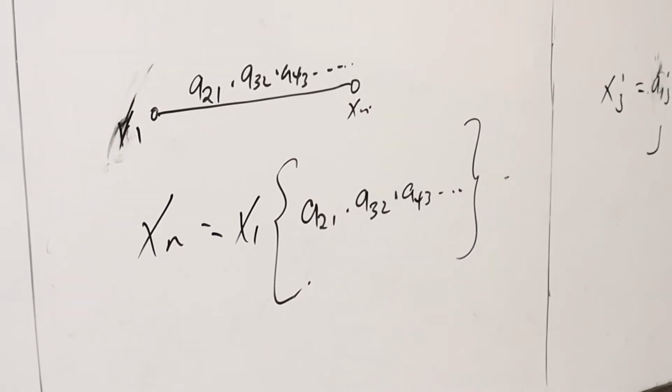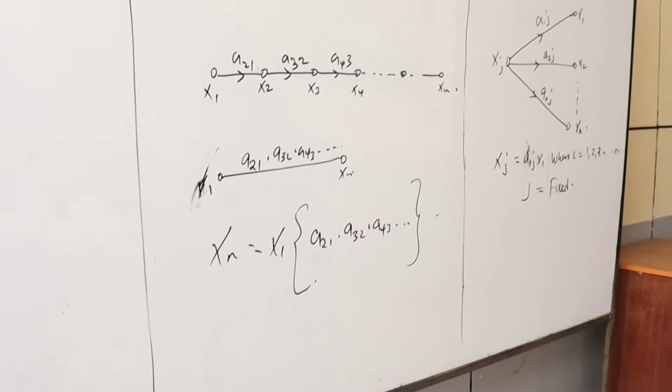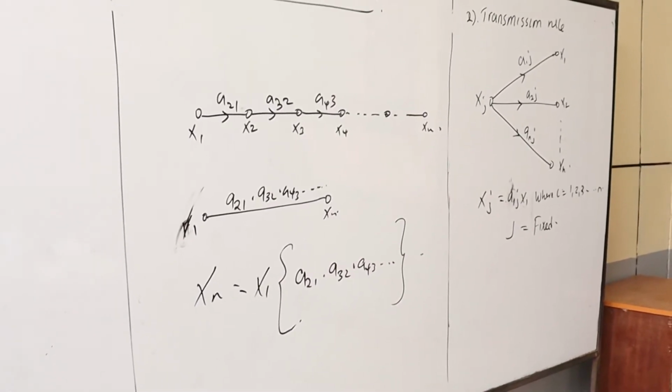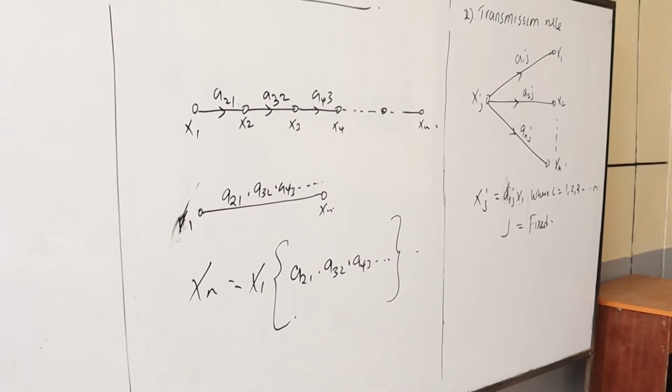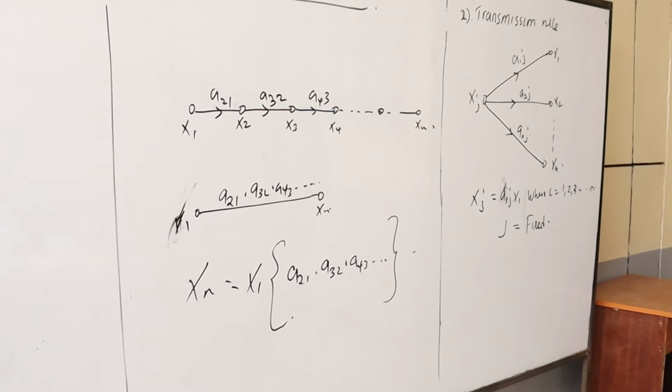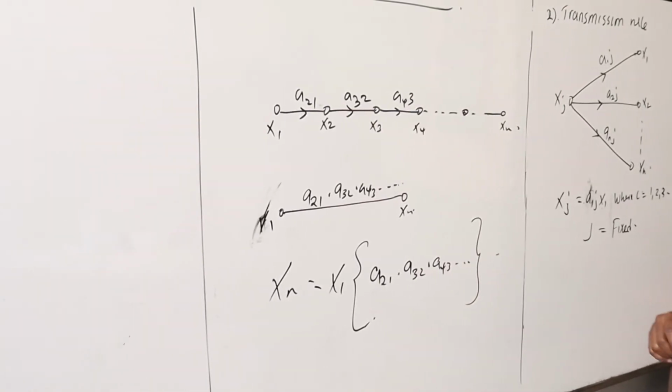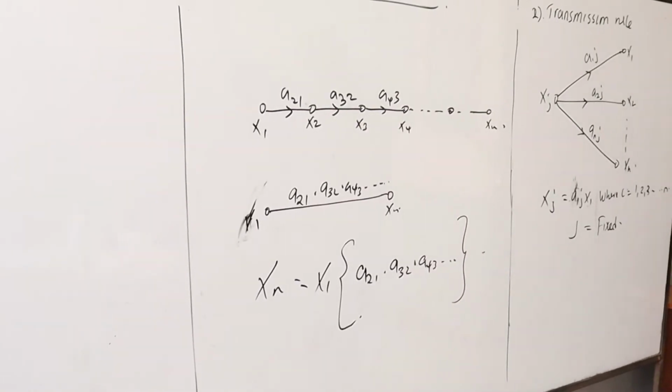So that is what we refer to as the multiplication rule. So all these three rules, we'll be using them in order to help us obtain the transfer function of a system by use of the signal flow graph.